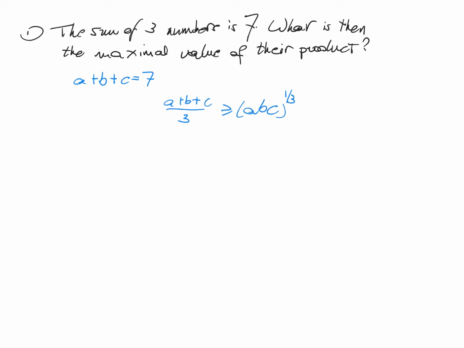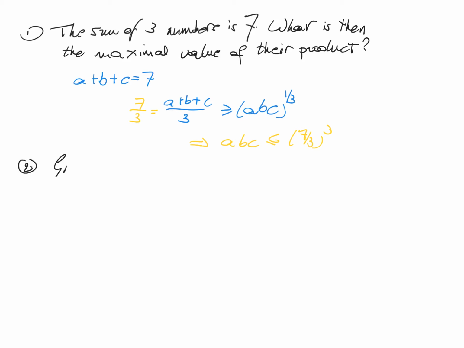We then know that a plus b plus c is 7, so this is 7 divided by 3. And so a, b, c, the product, can never be larger than 7 over 3 to the power 3. So the maximal value of the product, if the sum is equal to 7, is 7 divided by 3 to the power 3.